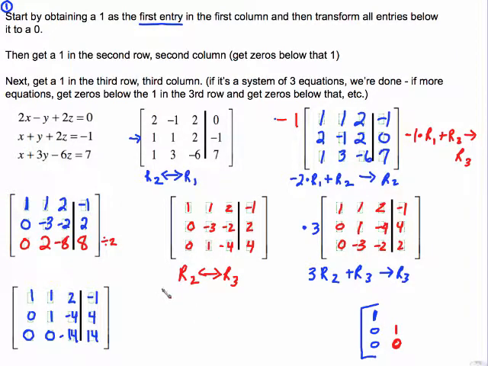Now this just needs one more step to get a 1 in this last position right here. If I divide this row by -14, I will have 0, 0, 1, -1. The rest of it stays the same. 0, 1, -4, 4, 1, 1, 2, -1.